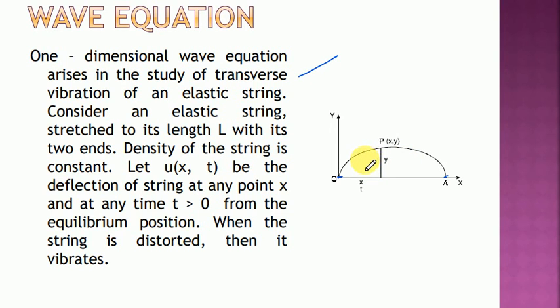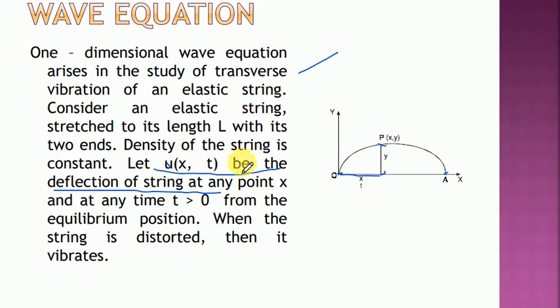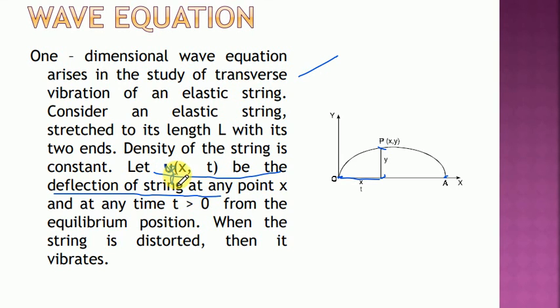Again, suppose u(x,t) is the deflection of the string at any point x and at any time t. That means at any point x and at any time t, this y is the displacement.